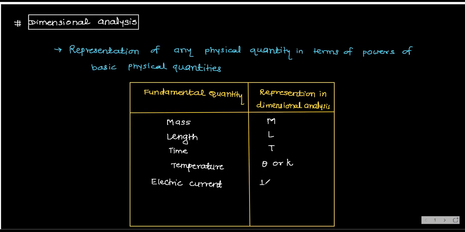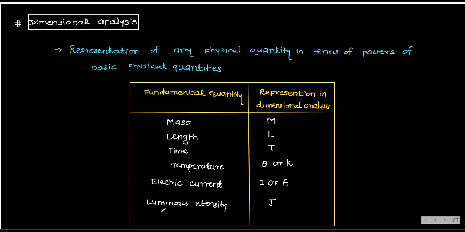It is denoted by I or A. Next, luminous intensity, and it is denoted by J.